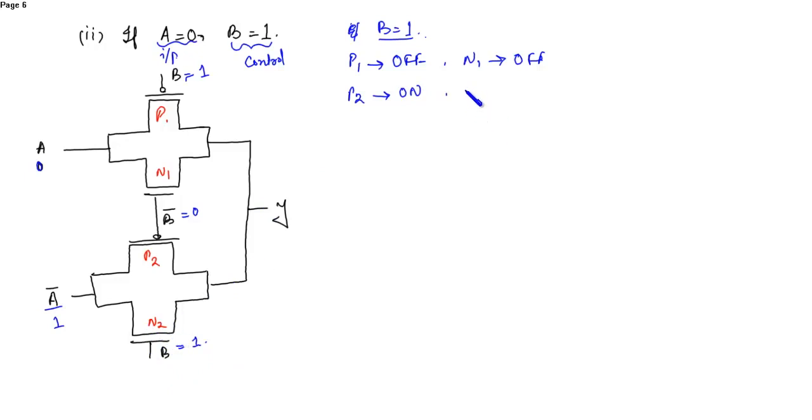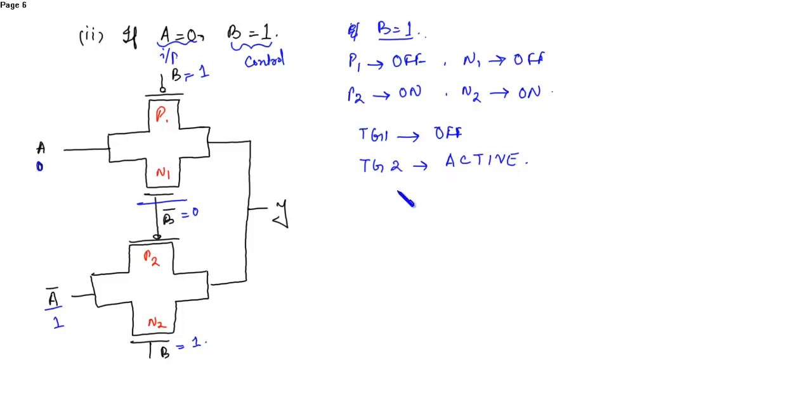So this will activate N2. This will also turn on. So now what happened? Transmission gate 1 is off or cannot conduct, and transmission gate 2 is active now.